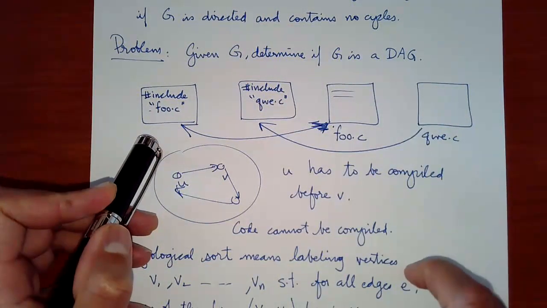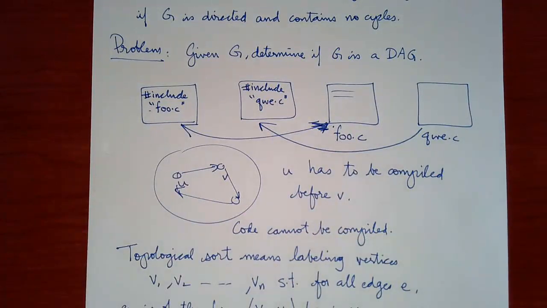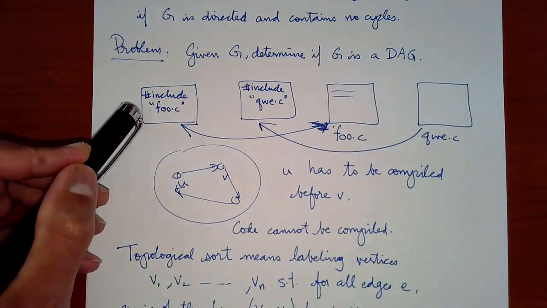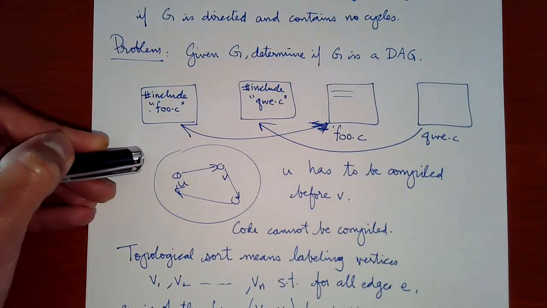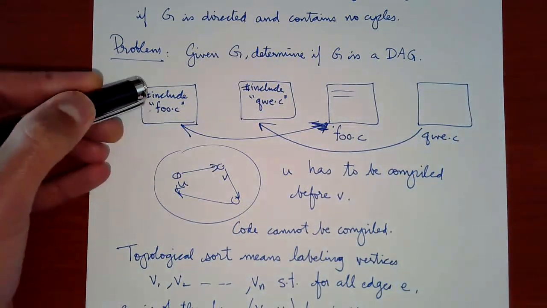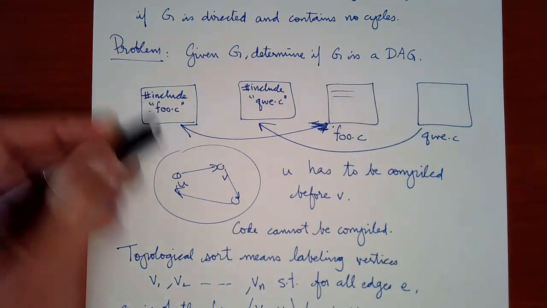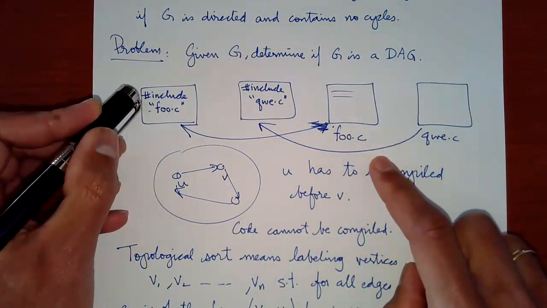We'd like to know in which order we should compile the files. This is a very interesting example, because these hash includes are essentially the adjacency list, the in neighbor list, because they tell you who are all the in neighbors of this file.